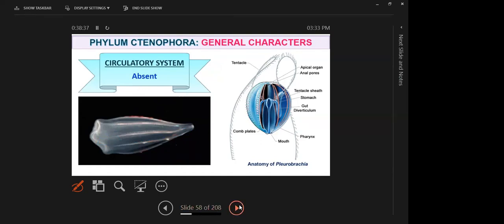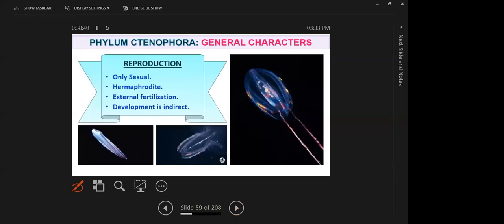Only sexual reproduction is seen. They are hermaphrodite, both sexes in the same organism. Fertilization is external: sperms and ovum are discharged and fuse outside the body.